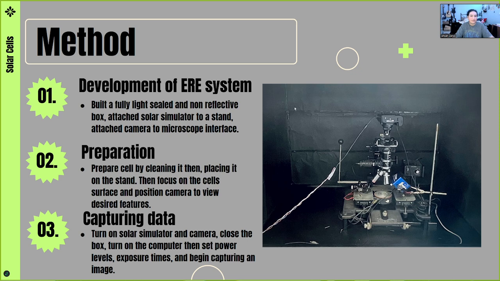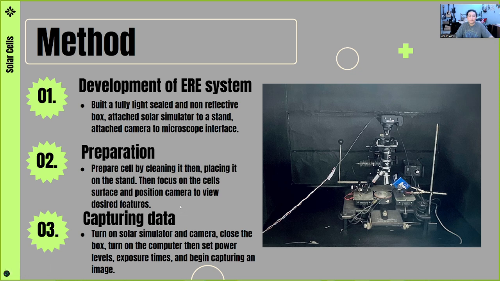So no light is bouncing around skewing any data, and no light is coming inside skewing any data. For preparation, we had to clean the cell to make sure that nothing was in the way of the glass layer so we could observe it. And then we had to focus on the cell, which takes a minute, because we adjust this up and down to focus on the cell so we can get a clear image. And then we had to position the camera using these knobs, and this shows us what we see with the camera.